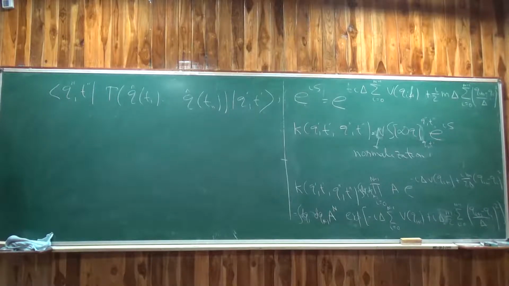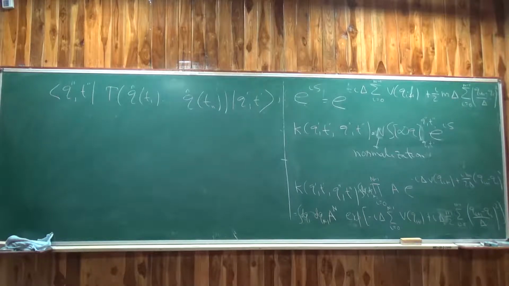So also we can fix the normalization by saying that K(q'', t''; q', t') gives that physical meaning that the particle starts from q' at time t' and goes to q'' at time t''.